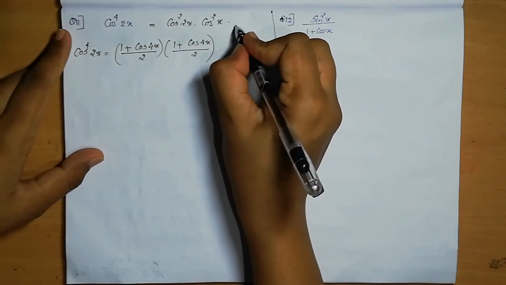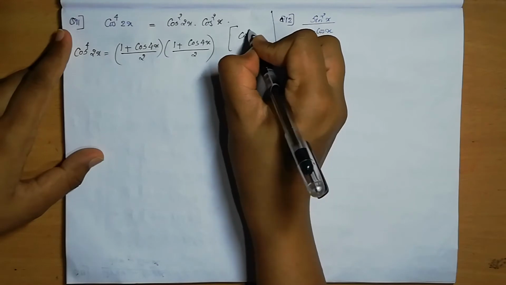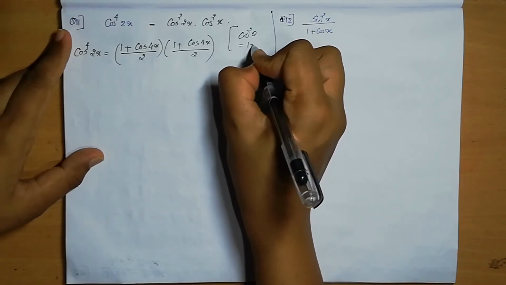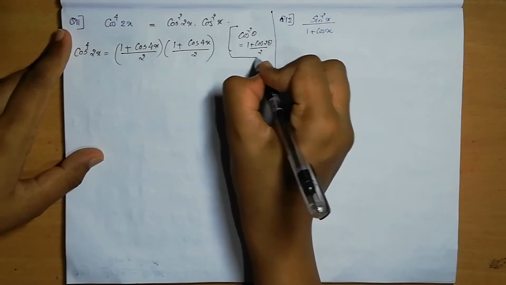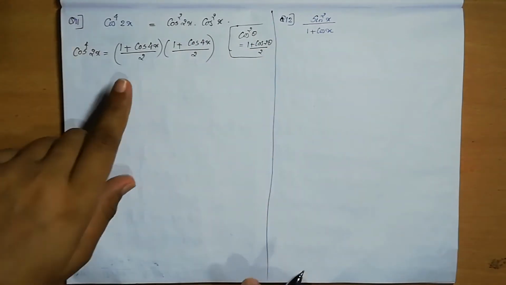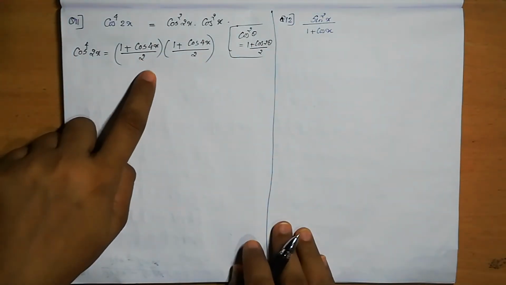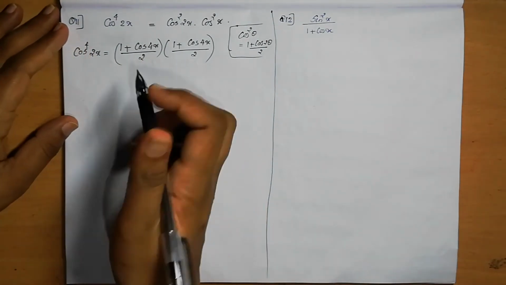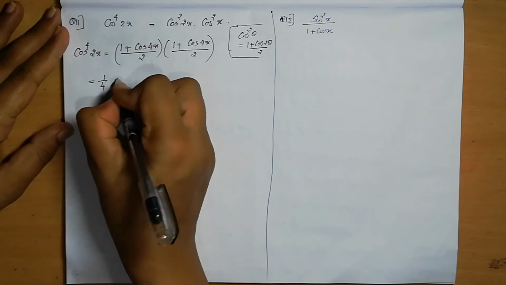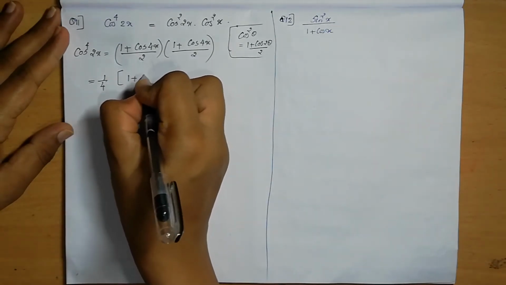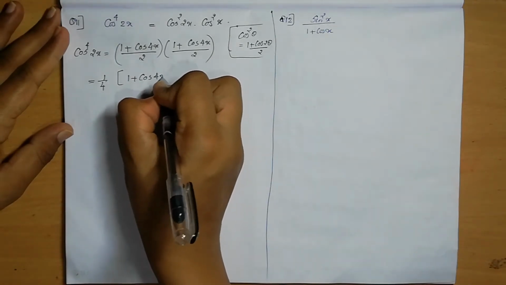Here we applied the identity cos square theta is equal to 1 plus cos 2 theta by 2. Instead of cos square theta, we wrote it as 1 plus cos 2 theta by 2. That means 1 by 2 into 1 by 2, we can write it as 1 by 4, into 1 plus cos 4x the whole square.